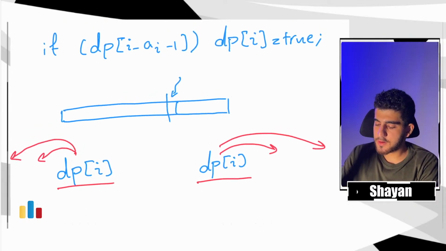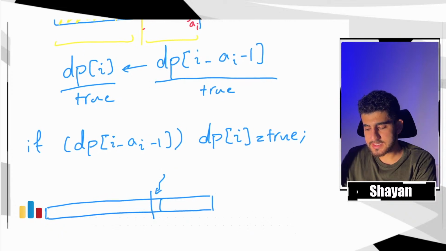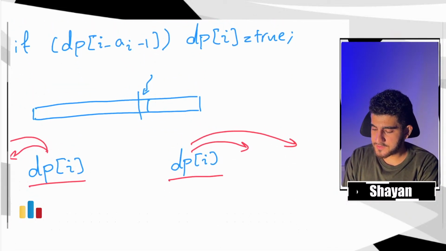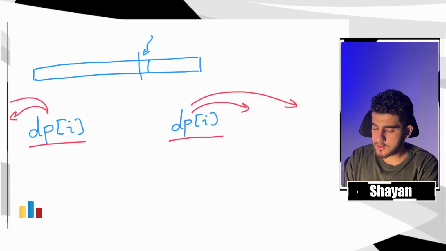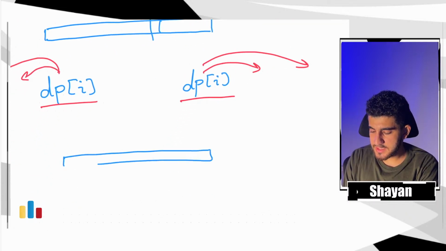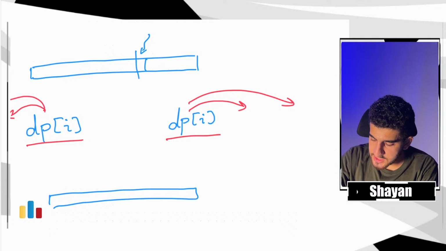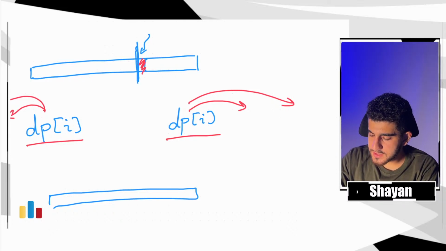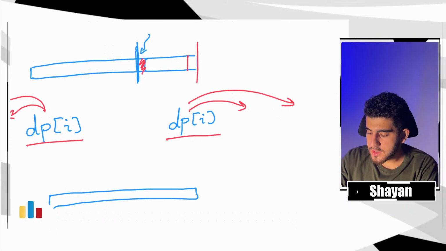For example, in this problem, I can do the next thing this way. After this, I can consider that I will update the next dp's. I mean, when the size is to the left of somewhere, I do not update dp of I here.